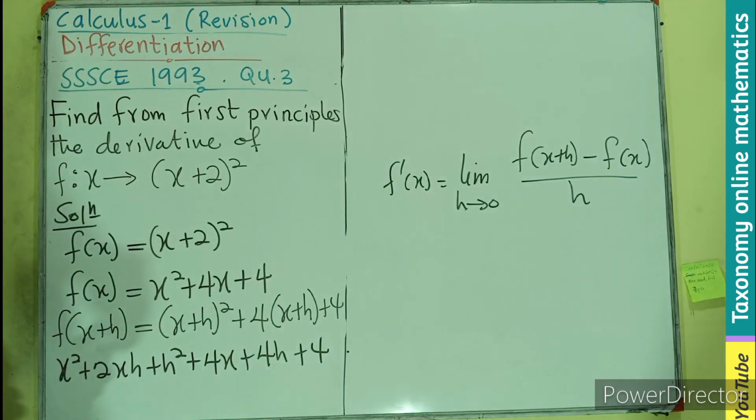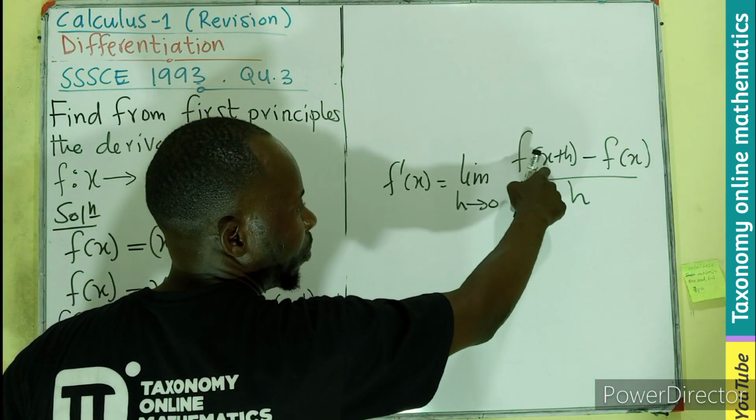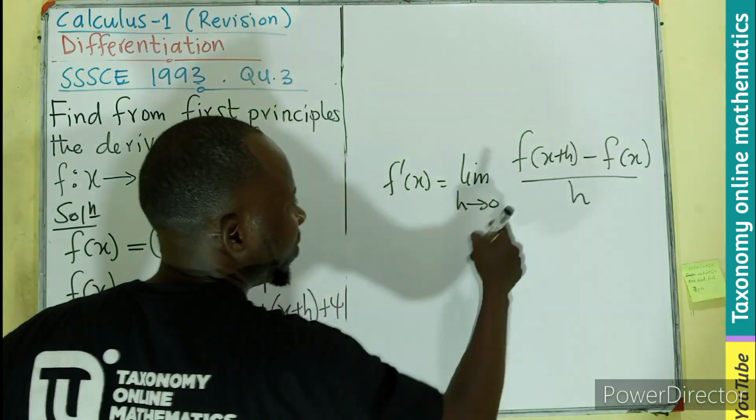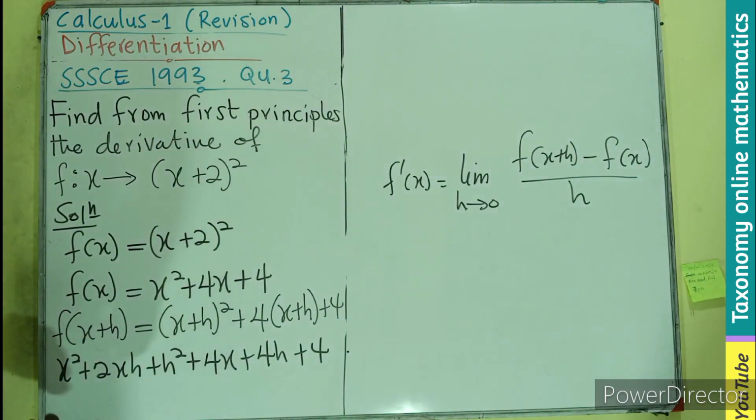Do we have any common factor? x squared, xh. No, we don't have any common factor. So we are going to lift the whole of this and place in place of this, then this divided by this.